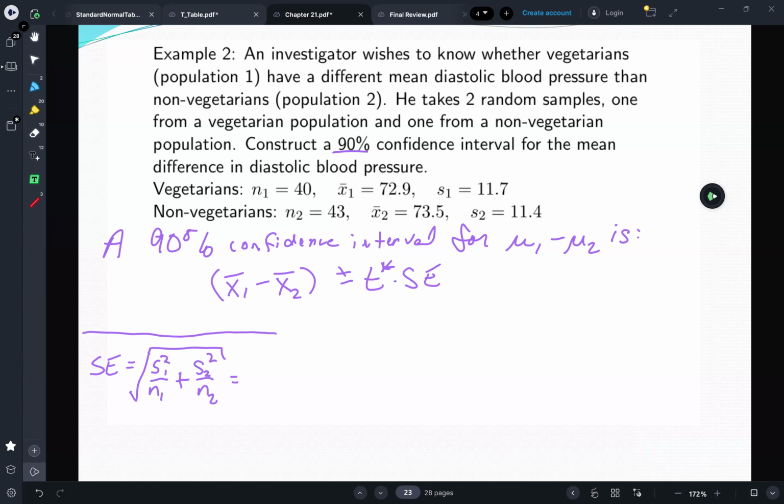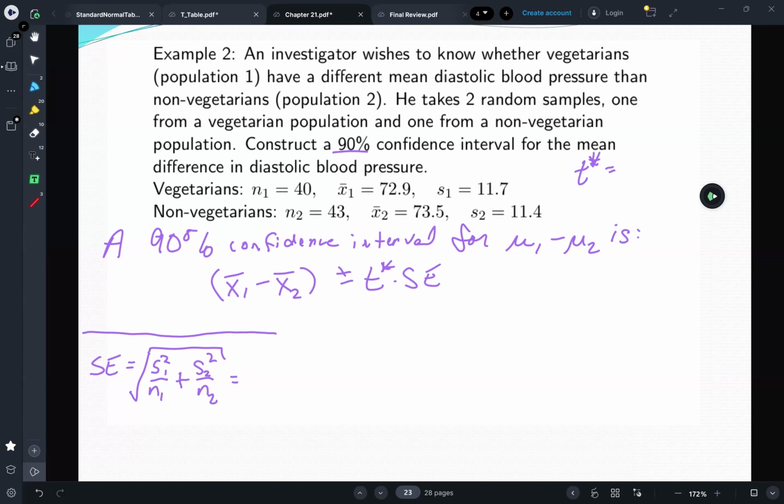And we've got to get our t as well. So let's see. What degrees of freedom? If I'm thinking of t star. 39?